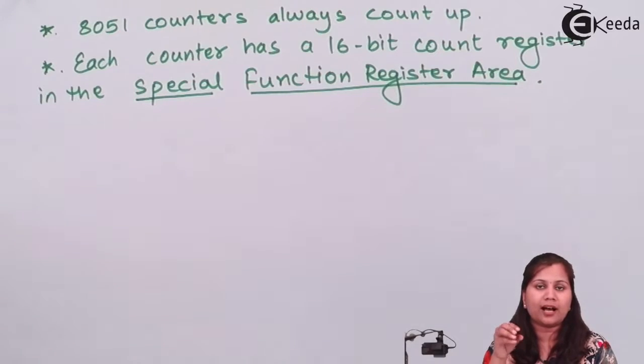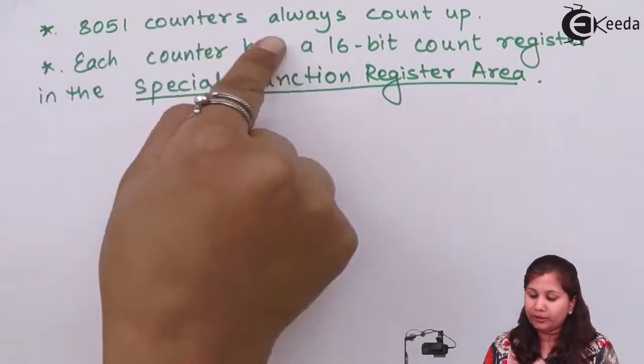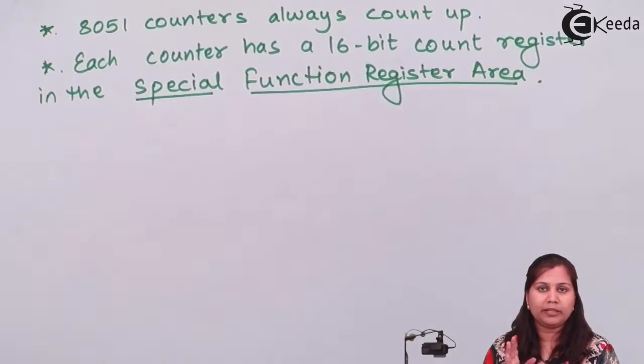These registers are 8-bit registers and they have special functions associated with it. So for each counter, that is counter 0 and counter 1, or we can say timer 0 and timer 1, we have a count register in this SFR area. And in that count register, the count value can be loaded. Here the timers are 16-bit, so a 16-bit value can be loaded.